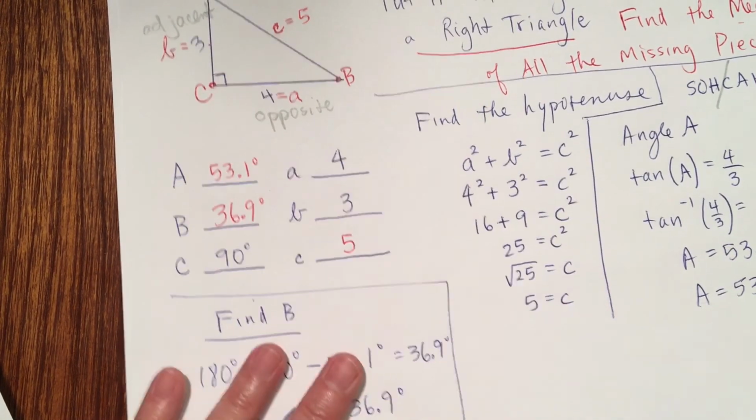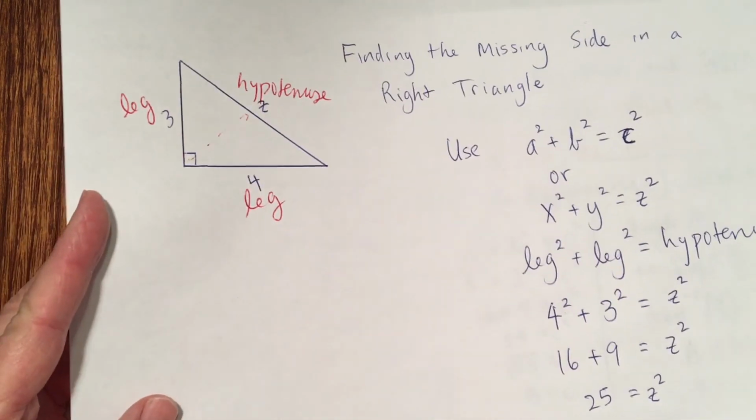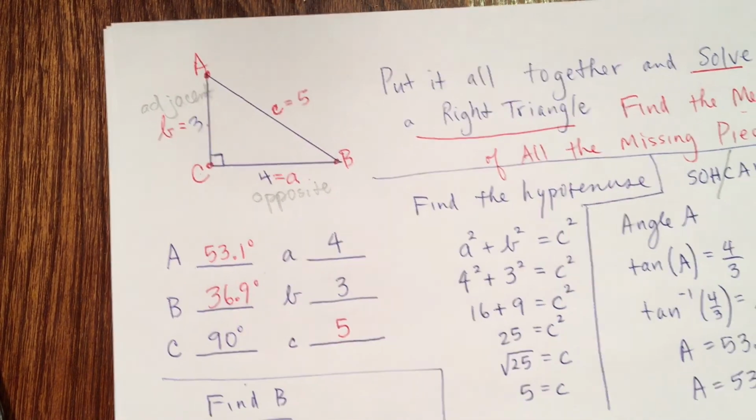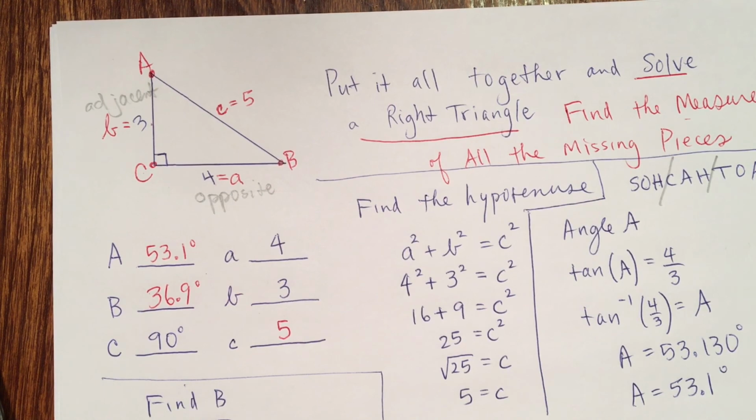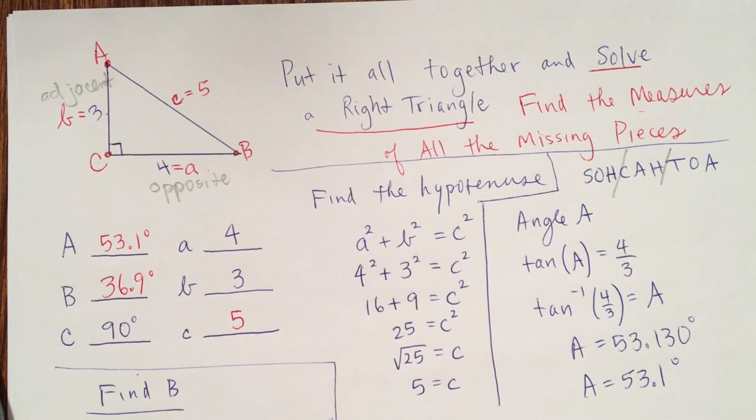Nothing is different there from what I did right here. That's angle A on this picture. And then I used the Pythagorean theorem to find the hypotenuse. So here's a problem where I've tied it all in together, and I hope that helps you to understand how we can tie some of this together to solve a triangle.